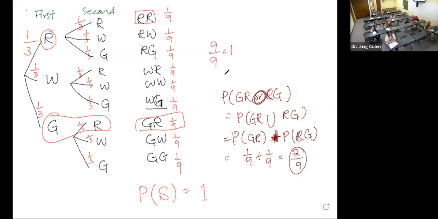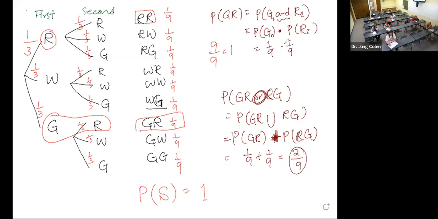And like the first one, this is GR. So the probability of GR, we can also think of as the probability of green and red. The first row is green and the second row is red. So we can think of the probability of green for the first row, I'll put 1 for the first row and 2 for the second row, multiplied by red for the second row. 1/3 times 1/3.